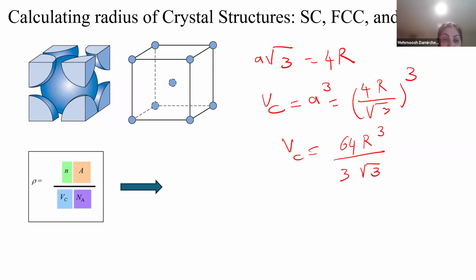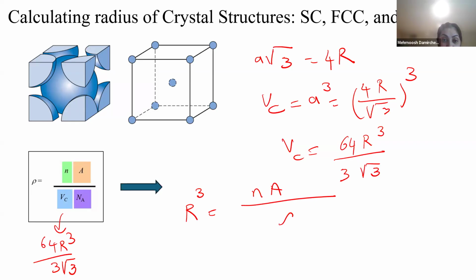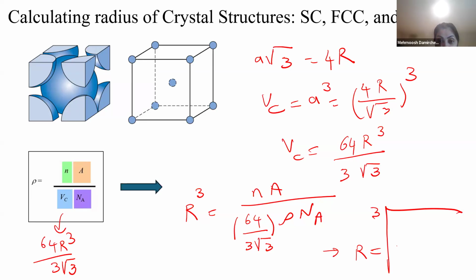Substitute here instead of VC. So R cube is N times A divided by rho and the Avogadro number. And for finding R, it is the third root of this fraction.